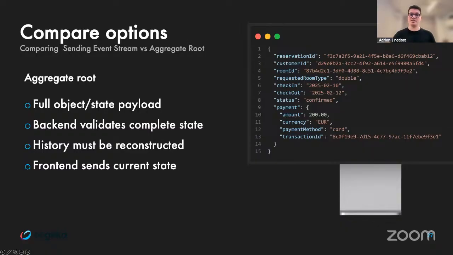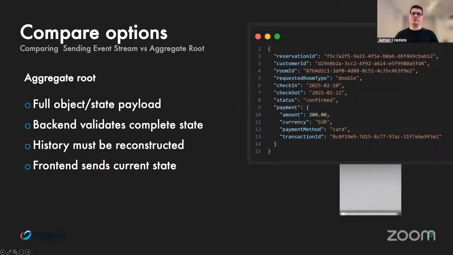On the other hand, sending the aggregate command is leaner. It uses a smaller payload, potentially is not going to impact the network bandwidth that much, and can be simpler for the backend to process as well. But it sacrifices some of that detailed history that we were discussing previously.